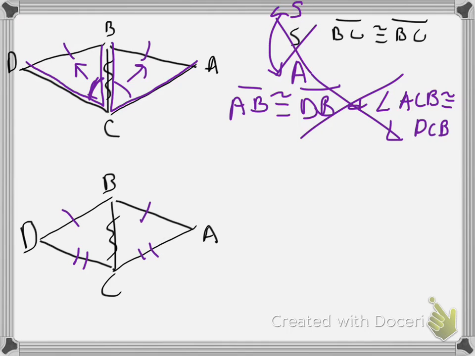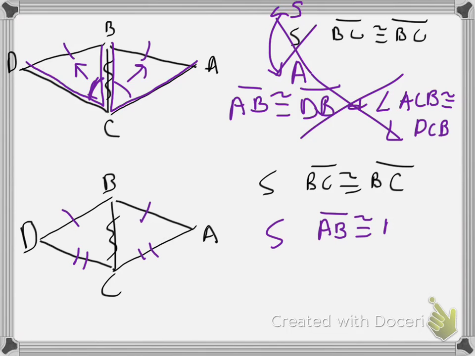Well, it looks like I have SSS here. The first S is BC is the same as itself. Another S they gave me was AB is congruent to DB. And the third S was AC is congruent to DC.